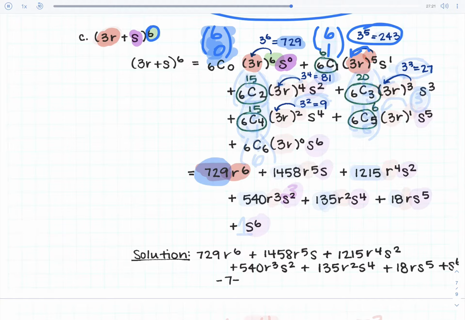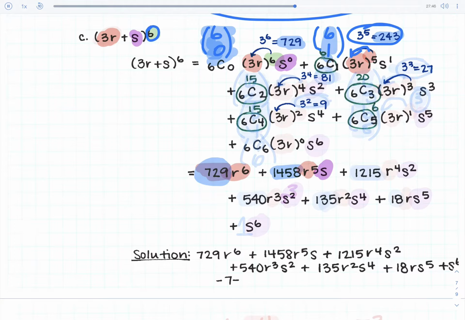So you'd have to do the 6 times the 243, which gets you 1458. We already said you should have an r to the 5th because we're working our way down. And now we've got an s, we're working our way up on s's, an s to the 1st.